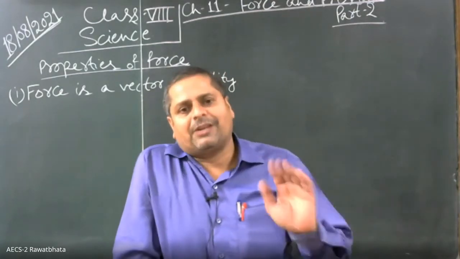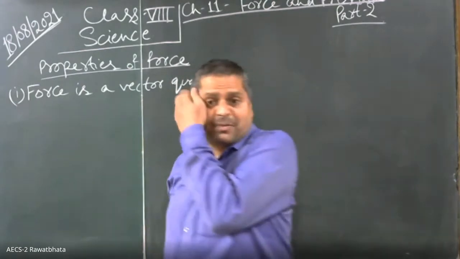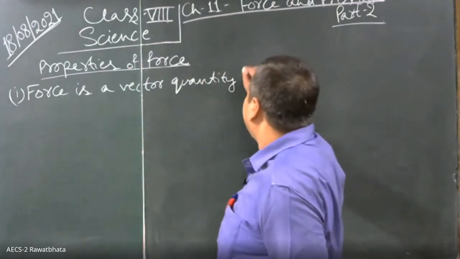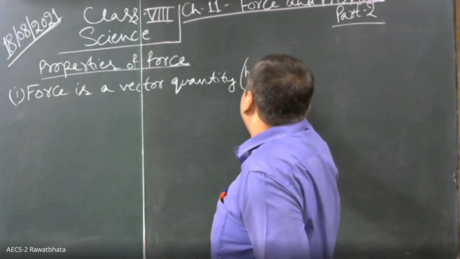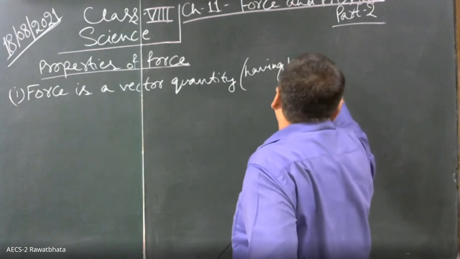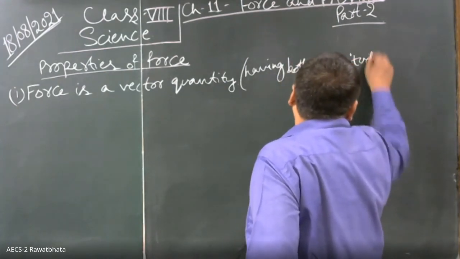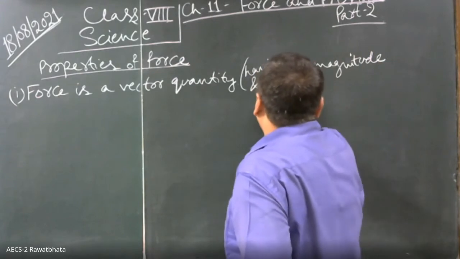Right or left, north, south, east or west. So a vector quantity has both magnitude and direction.